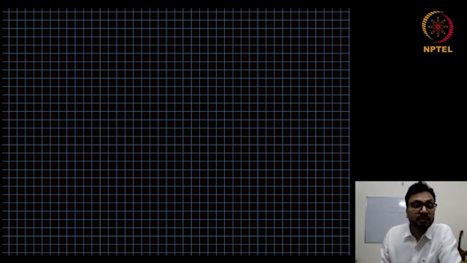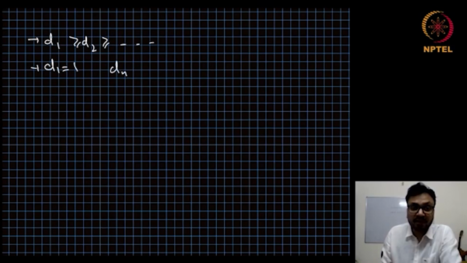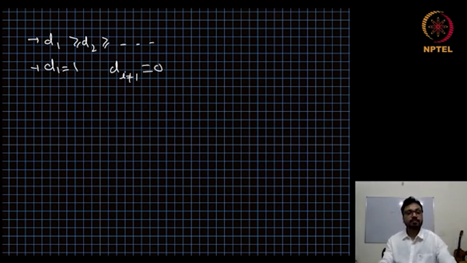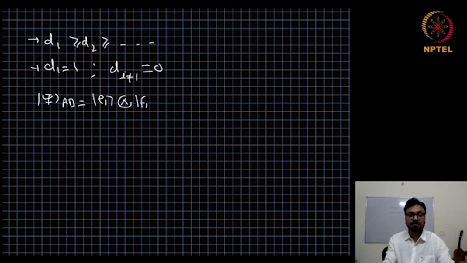Now, from the Schmidt decomposition, we can tell whether a given state is entangled or not. If we arrange the d_n's in descending order, so that d1 is greater than or equal to d2, which is greater than or equal to, and so on, then if d1 is 1 and all other d_i, where i is not equal to 1, are 0, the state psi AB can be written as |e1>|f1>, and hence it is a product state or separable state.